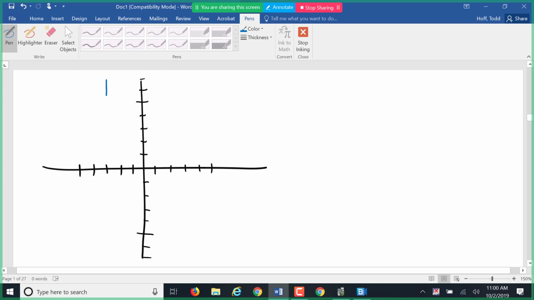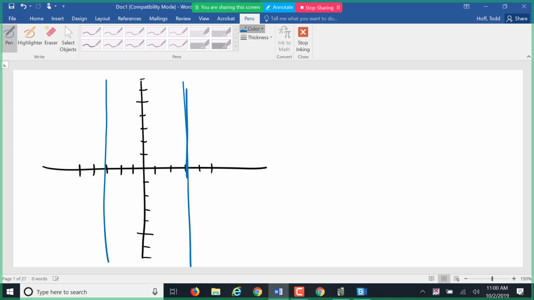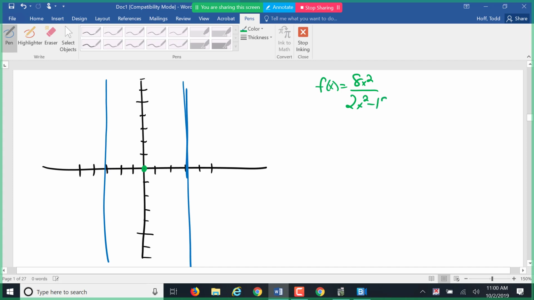So negative 3 right there, positive 3 right there. Pretend that goes through positive 3. Y-intercept at 0, 0. Now we just plot some other points. So f of x equals 8x squared over 2x squared minus 18.